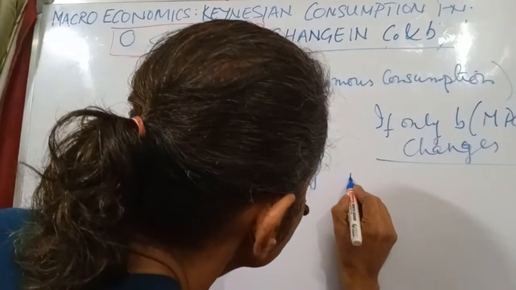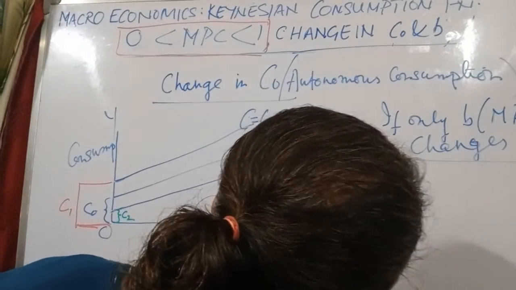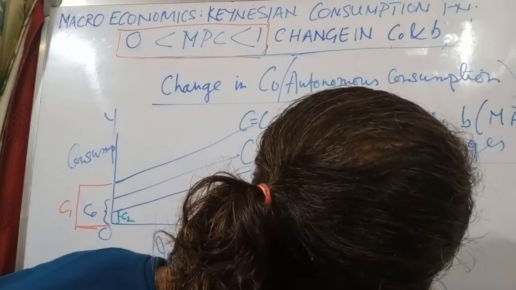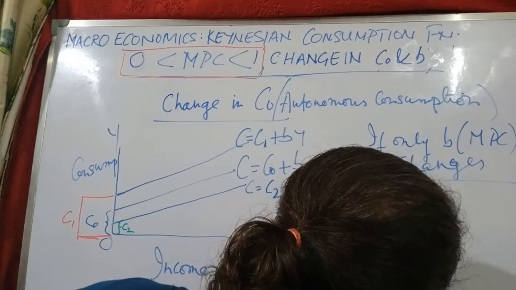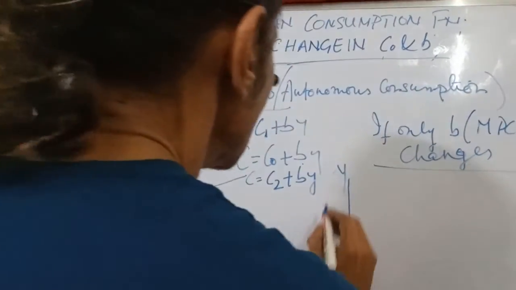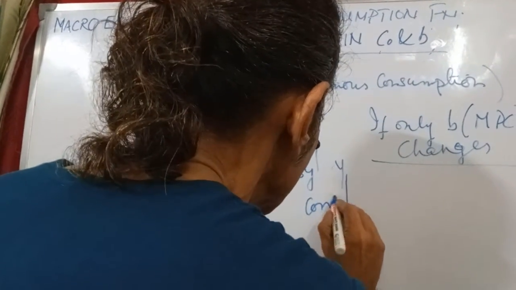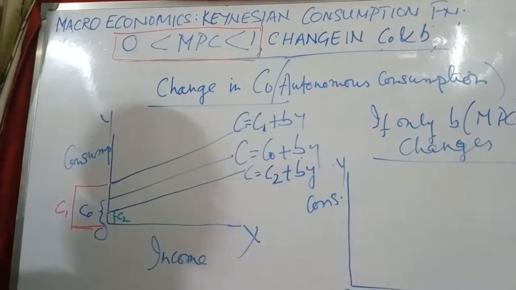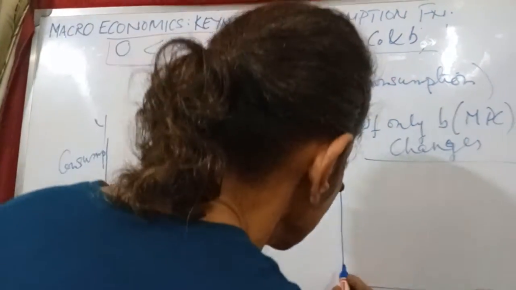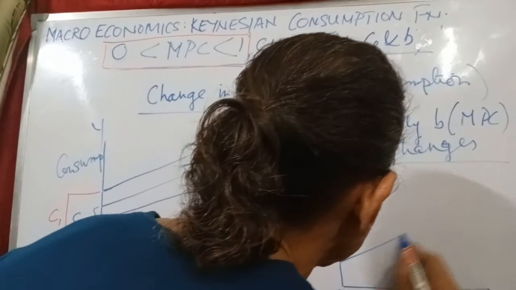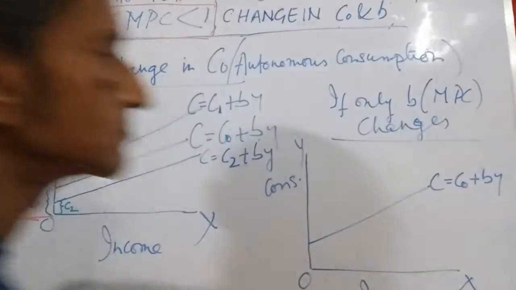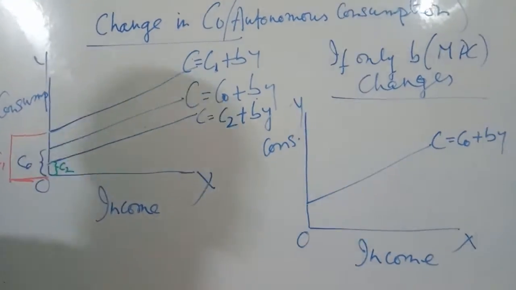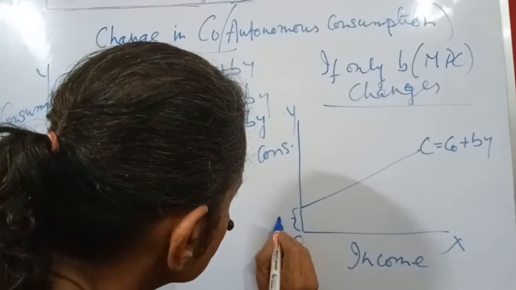You see, this is the diagram. On x-axis we measure income, on y-axis we measure consumption. This is the C function. This is C0.